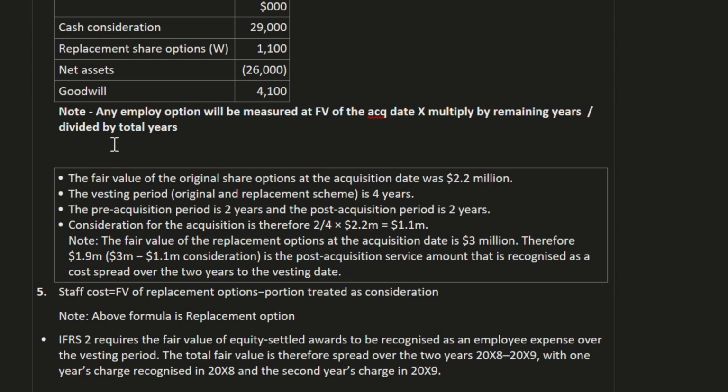That is different and the employee option is different. 2.2 multiplied by remaining years, that is 2, divided by total years, that is 4, equals 1.1. That's how it came.